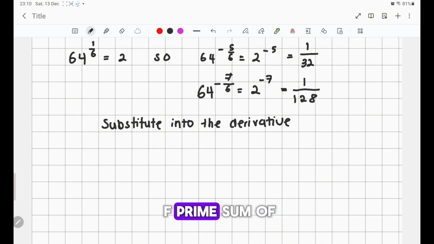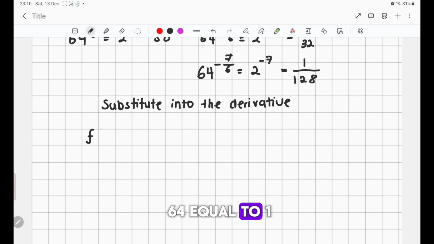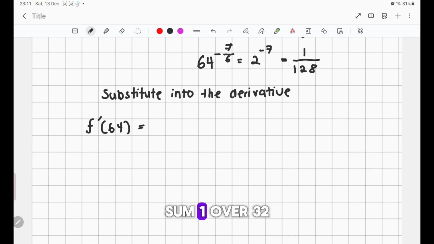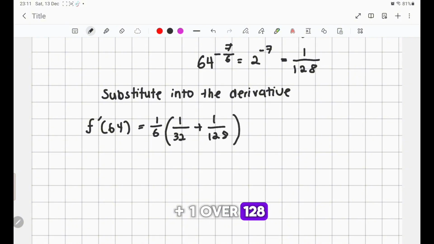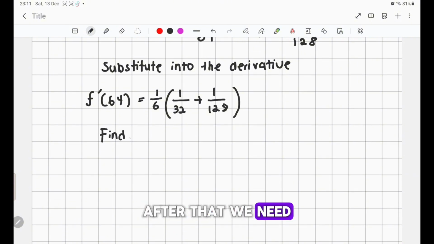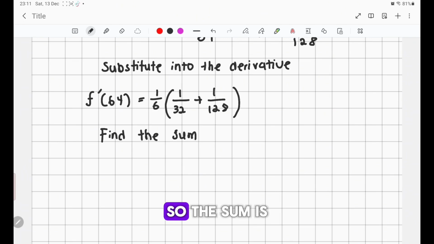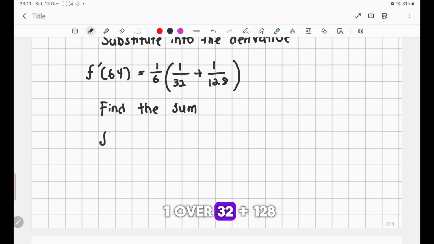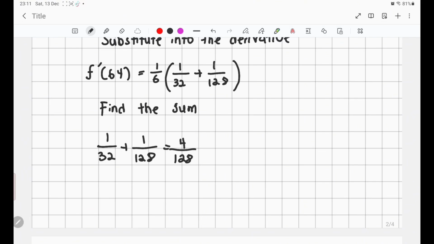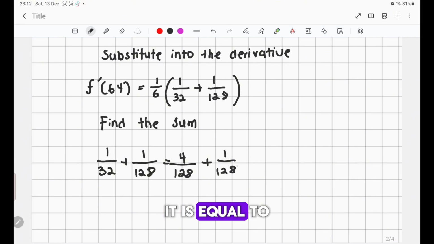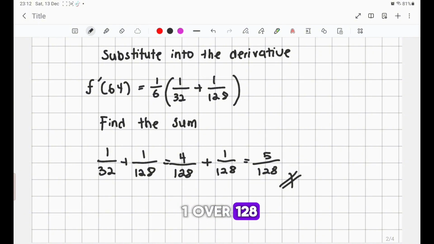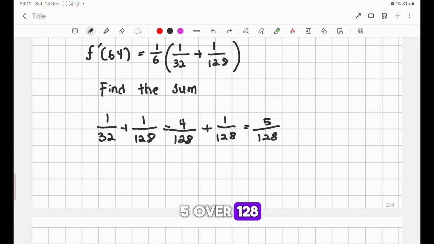Then we will get f prime of 64 equal to 1 over 6 times the sum of 1 over 32 plus 1 over 128. After that, we need to find the sum. So the sum is 1 over 32 plus 1 over 128, which is equal to 4 over 128 plus 1 over 128, and we will get 5 over 128.